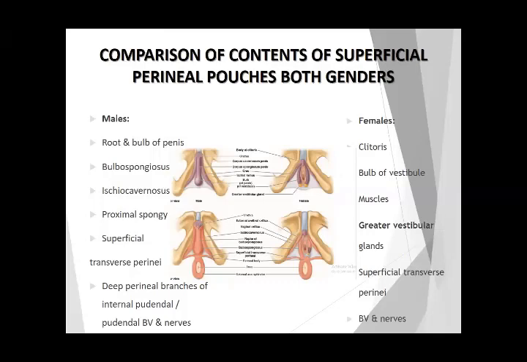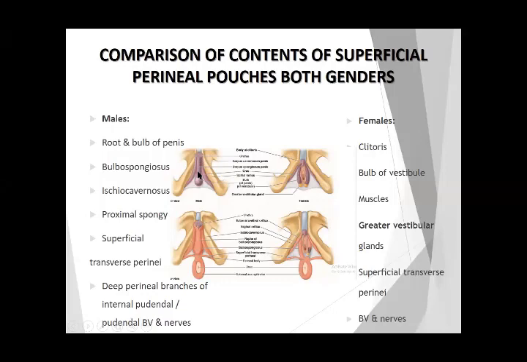Now let's compare the contents of the two pouches in the two genders. There is a slight difference. The external genitalia are obviously different, except that here you will have the clitoris and here the bulb of the penis.